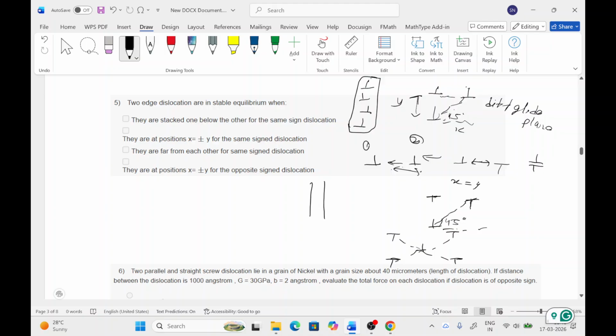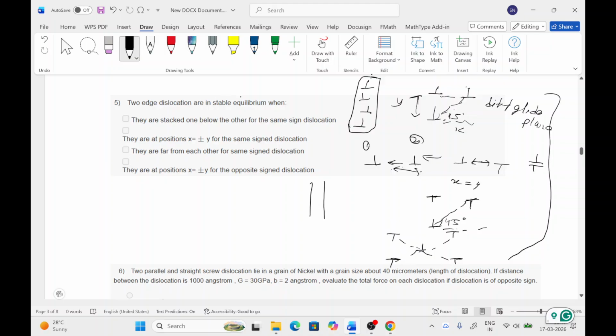In the lecture videos, the force applied from the first dislocation on the second dislocation is also calculated. So we'll just discuss the problems regarding the force equation for the edge and screw dislocation. For the fifth question, this information is sufficient.